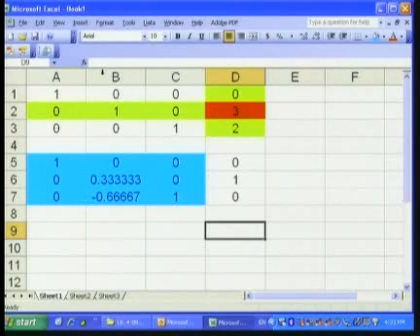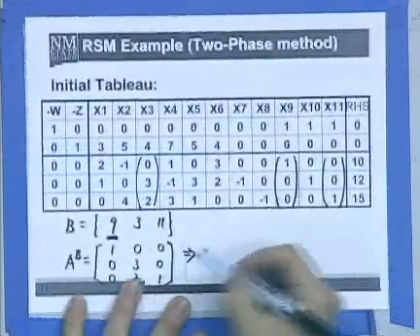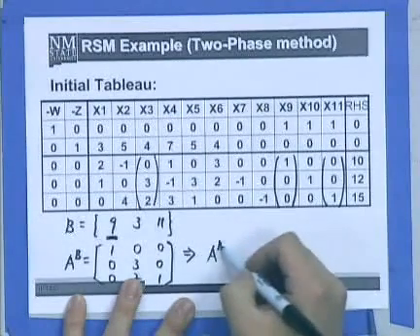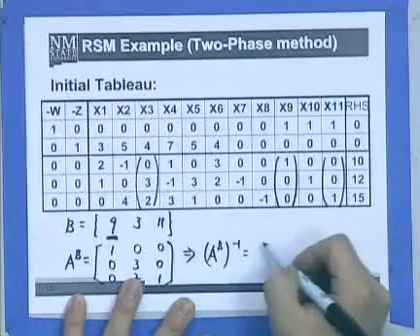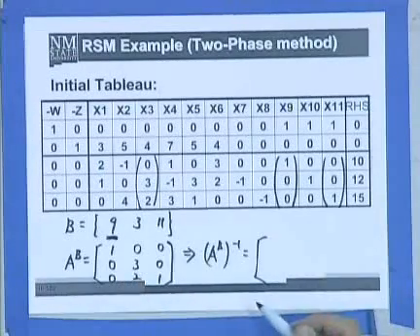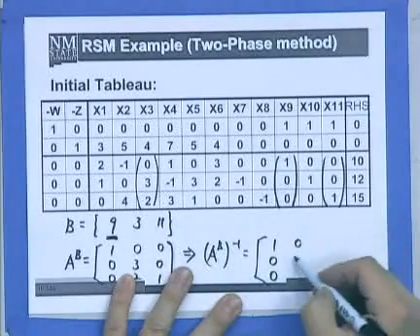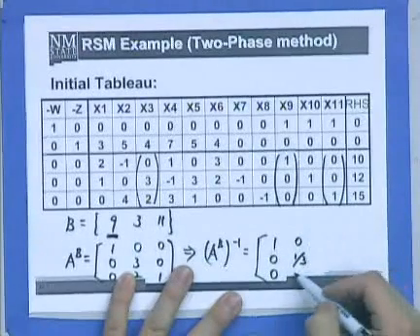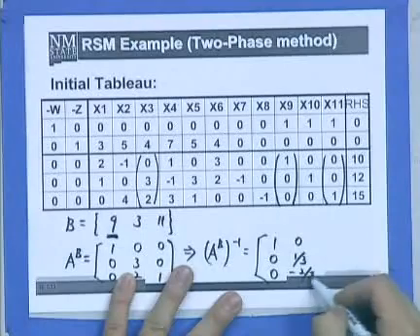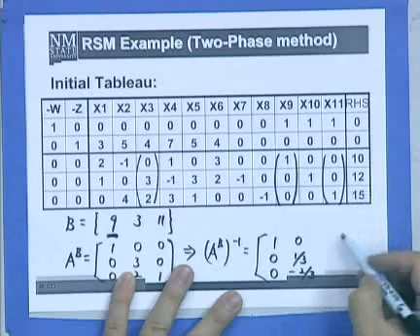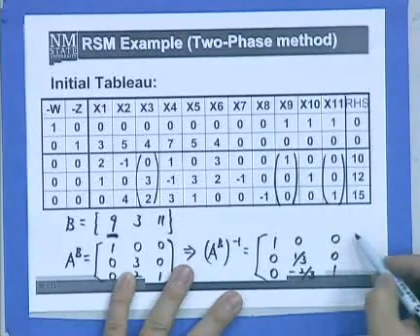So from this, we've got the new basis inverse matrix, which is another 3 by 3 matrix: 1, 0, 0, 0, 1/3, negative 2/3, and 0, 0, 1.